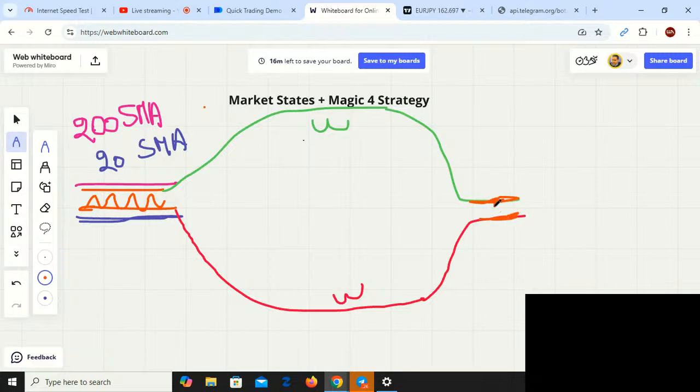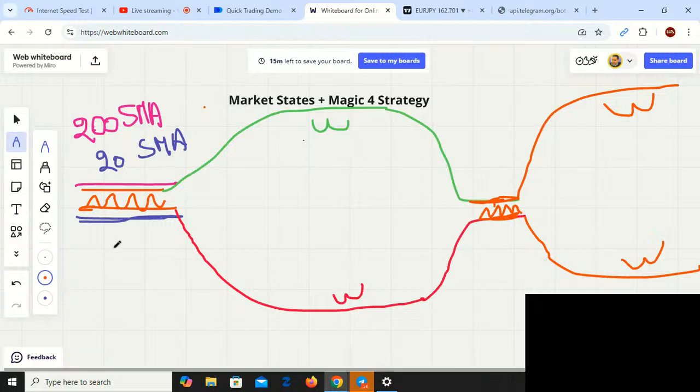And from this point, the price will be bouncing in a ranging, consolidation, sideways, call it whatever you want. And from this narrow state, the market has only two options, either to push up to a wide state or push down to a wide state. Nothing else. So you have one, two, three market states.